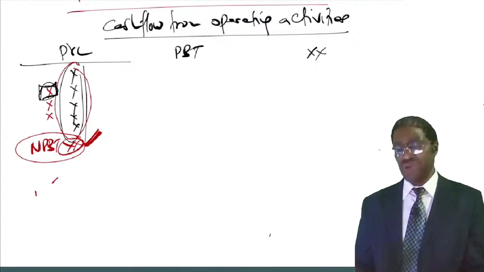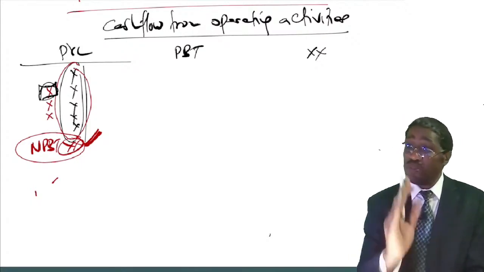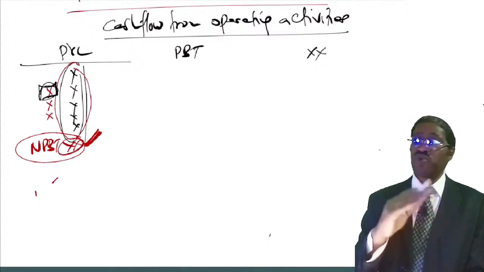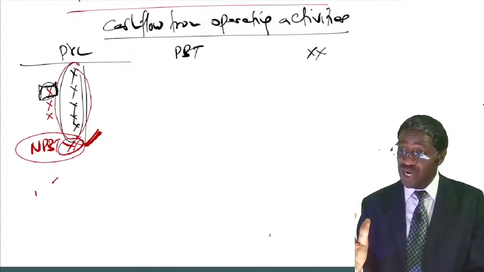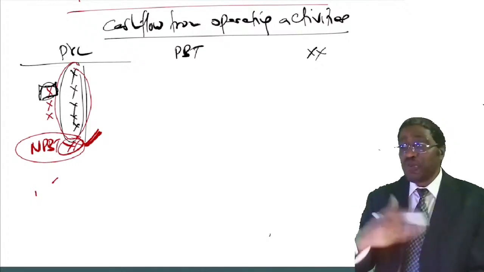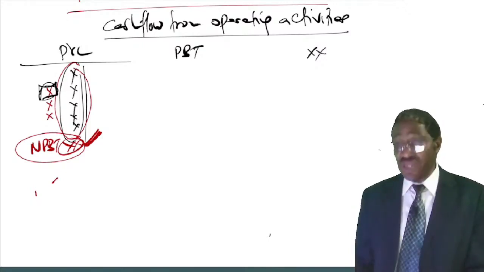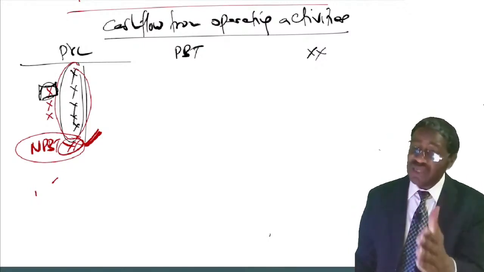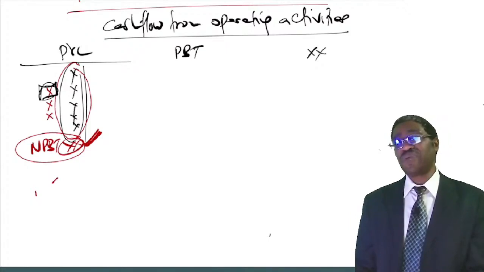So I'm asking you to remember these items, either from the topic of cash flow, or from accounting as a student. What could this be? Items that were debited in the P&L account, yet no cash was involved.